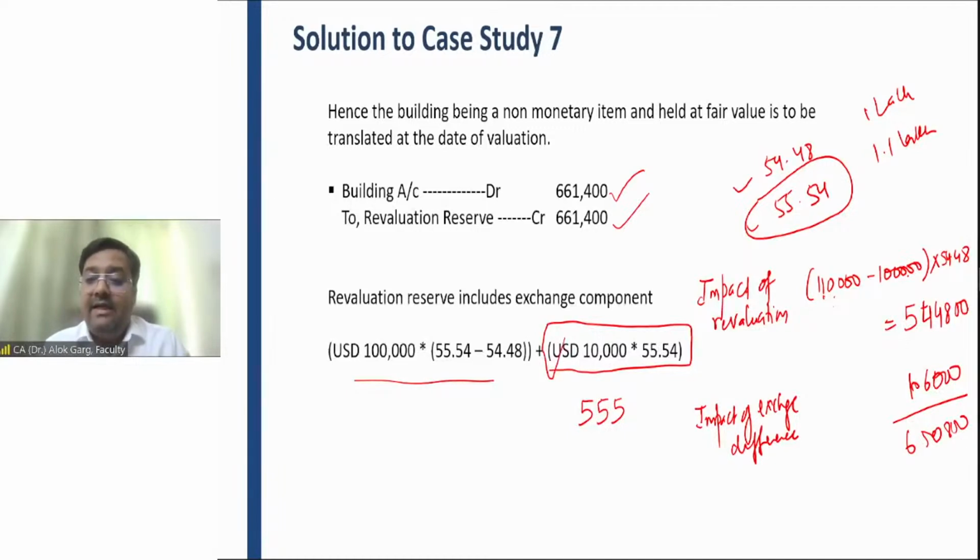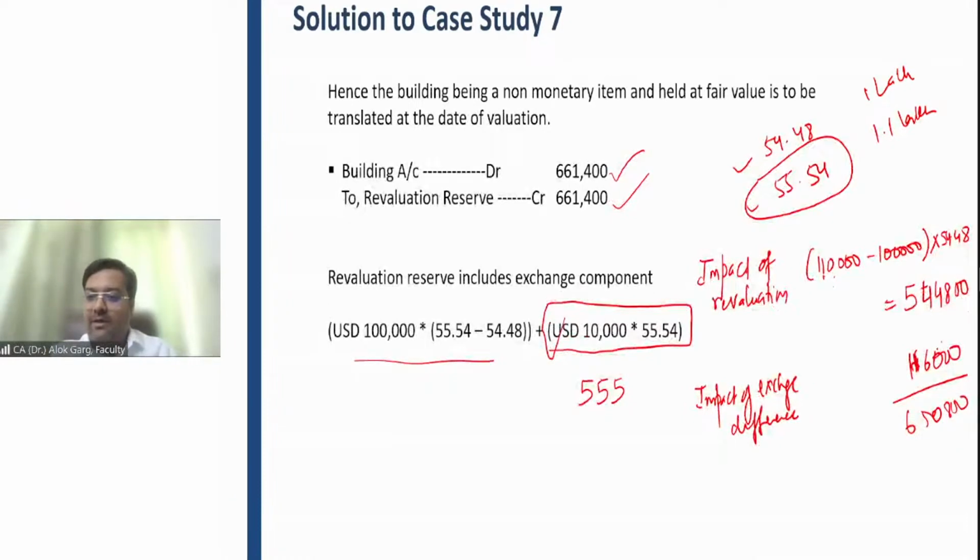Yes, basically the impact of exchange difference has to be calculated on this entire value. So it is coming out at 66,100. Impact of revaluation you need to compute as the change in value multiplied by the old rate. This is how this will be there.